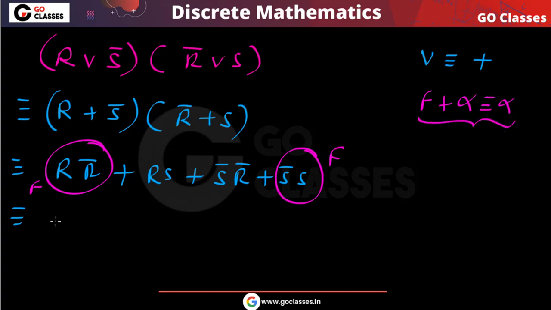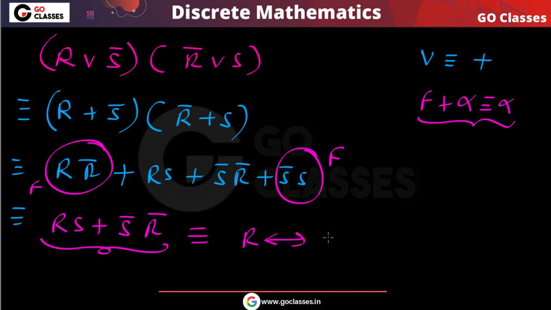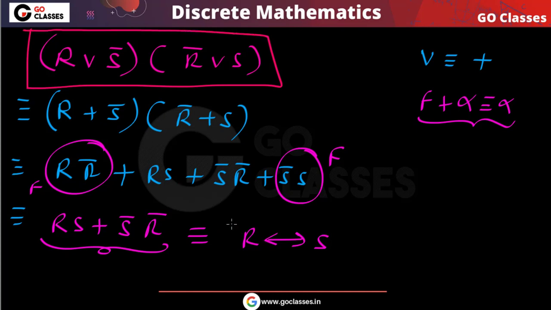So from here I can say that it will become r bar s or s bar r, and this expression is equivalent to r biconditional s. So this we have already seen. Remember, this is the given expression in the question, and it is equivalent to r biconditional s.